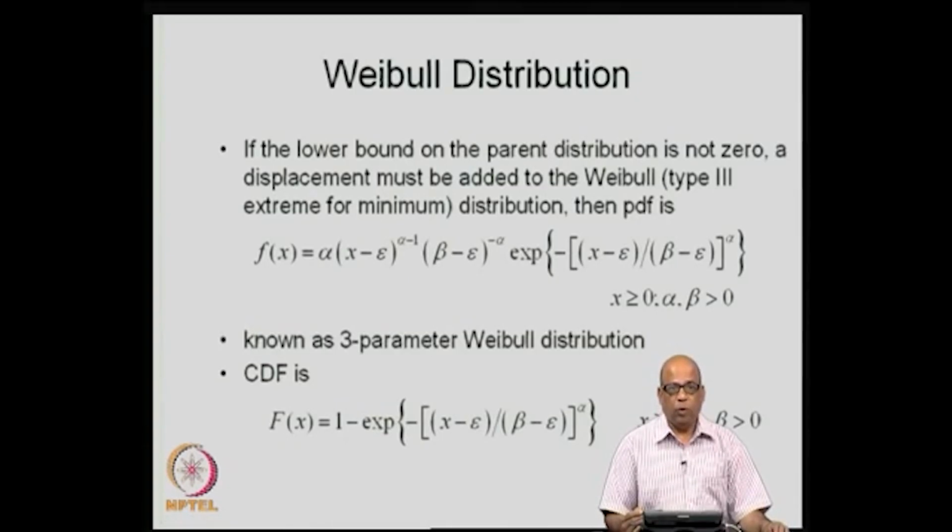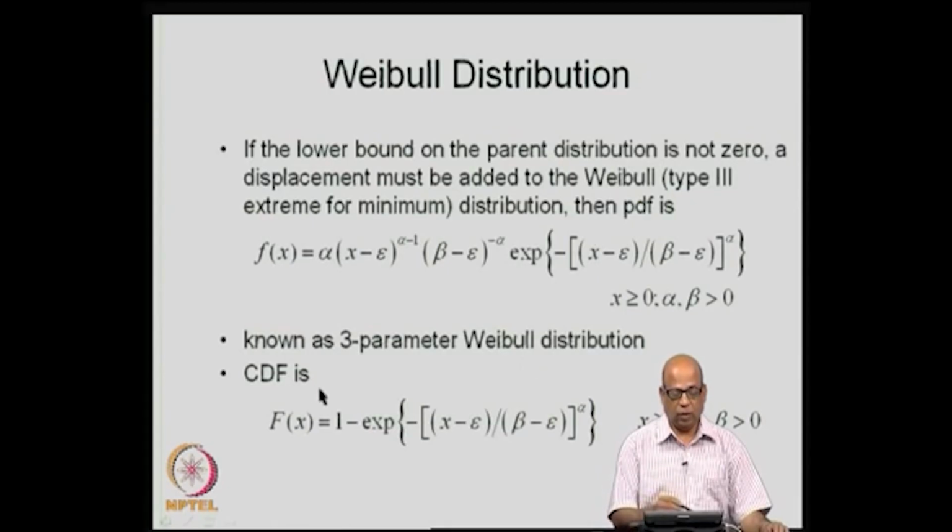Now, if the lower bound on the parent distribution is not 0, then we put a displacement epsilon. So, we add a displacement and then redefine our PDF. Whenever the lower bound is not 0, we add the displacement corresponding to that of the parent distribution, and this is known as the 3 parameter Weibull distribution.